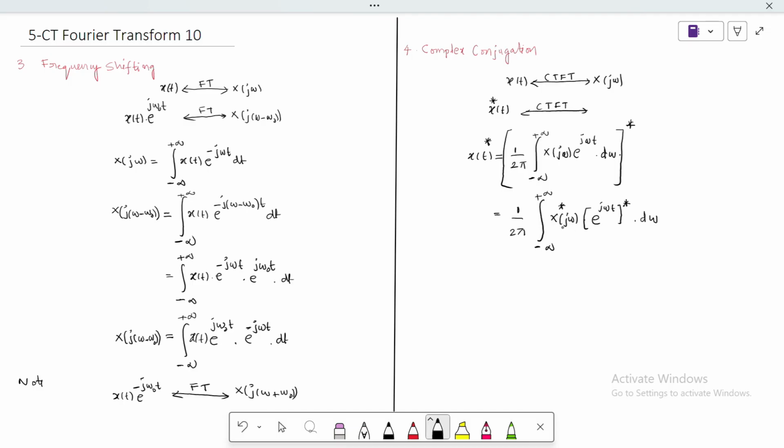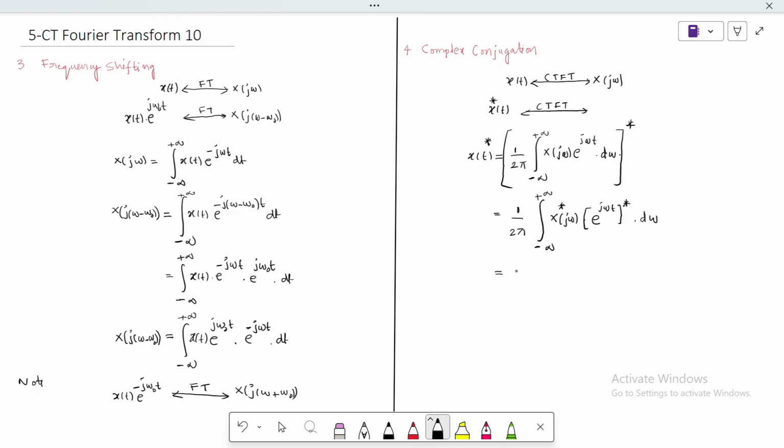This is complex. We don't know whether x of j omega is real or purely complex, so we cannot take that decision. For a complex number, automatically the sign will be changed.